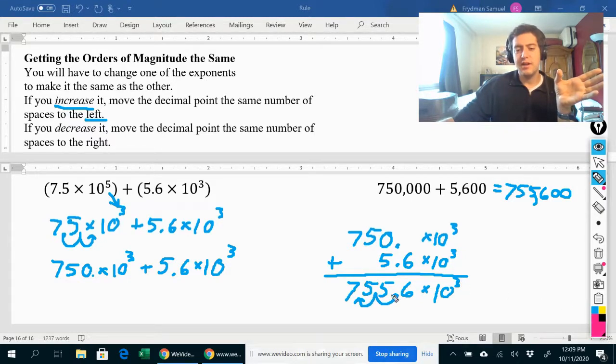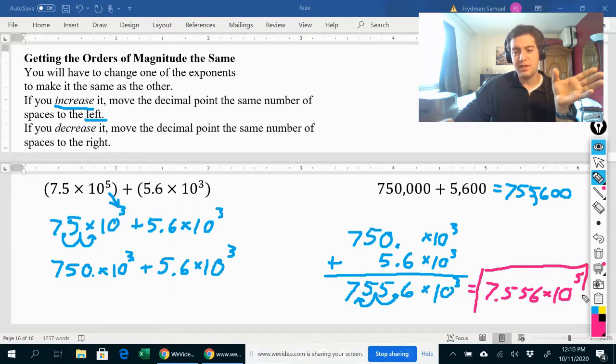And I can say that this number has the same value as 7.556 times 10 to the fifth. And this is written in proper scientific notation. And in fact, it's the exact same answer that we got a few minutes ago.